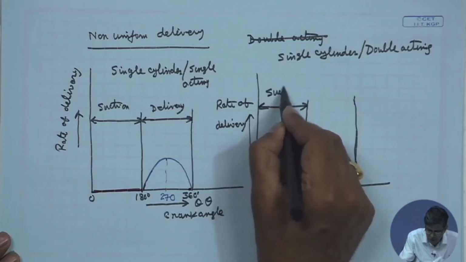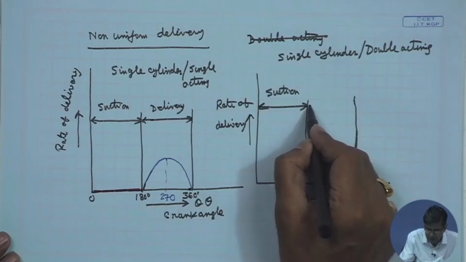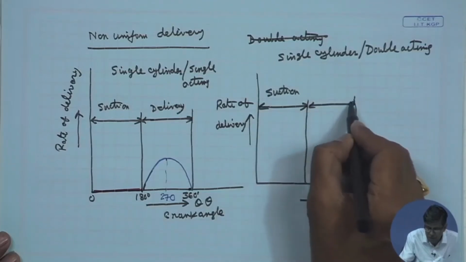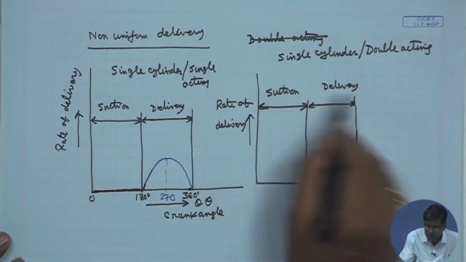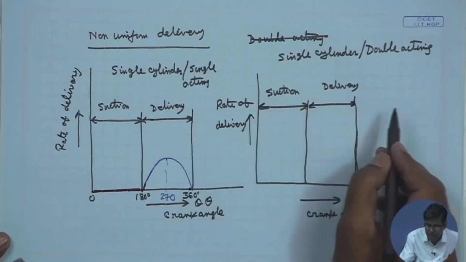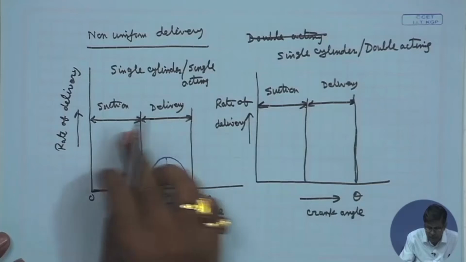Suction stroke means suction on one side, so there is no real meaning of suction and delivery here. Though I am writing it, this is meaningless. This is suction on one side and delivery on the other side, just to make a comparison with that.